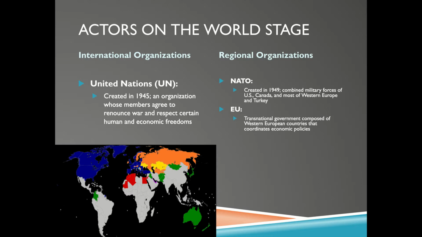Currently, NATO still exists. It is still a powerful entity today. The EU, the European Union, is a transnational government composed of Western European countries that coordinates economic policies. Essentially, the EU has created a nation state out of all of Europe, and the individual countries are sort of like the individual states in the United States.